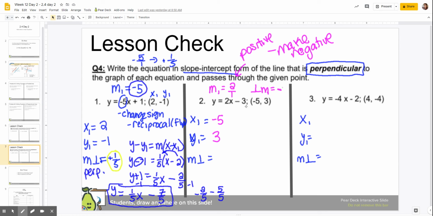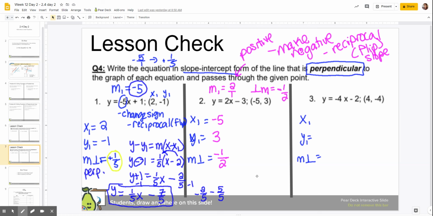So it becomes negative, and we do the reciprocal, or we flip the slope. So instead of it being 2/1, it's 1/2. So my perpendicular slope for the second one is -1/2.